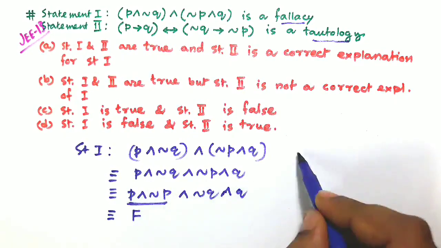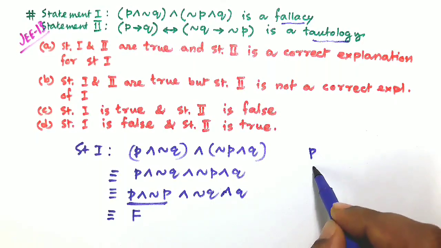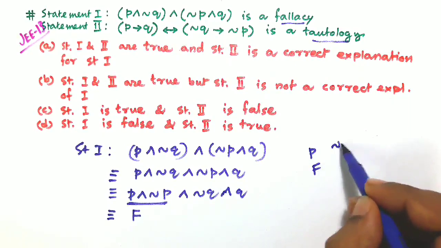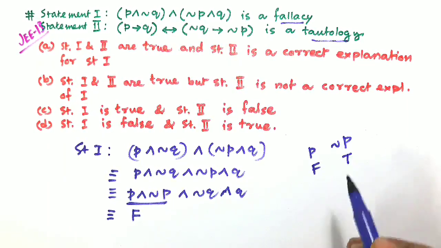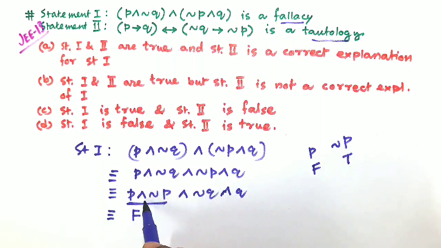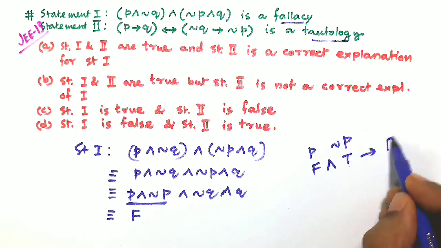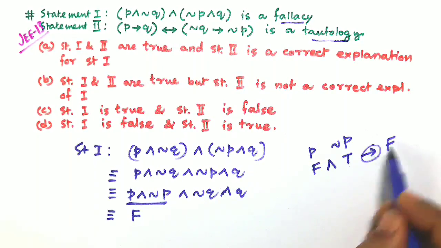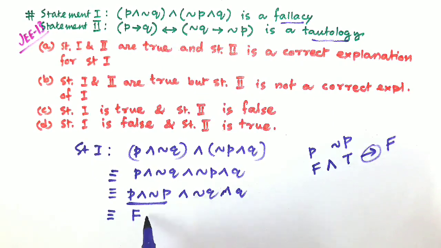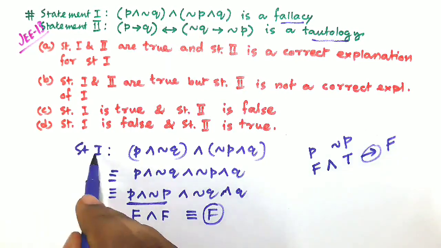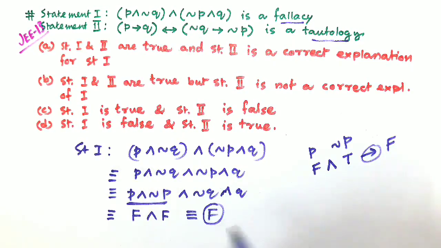Suppose P is F, then negation P is true. So in between there is AND. So if you put AND F and T, it will give you F. So this is F, and negation Q and Q is again F. F and F is equivalent to F. So statement 1 is F, that is a fallacy.